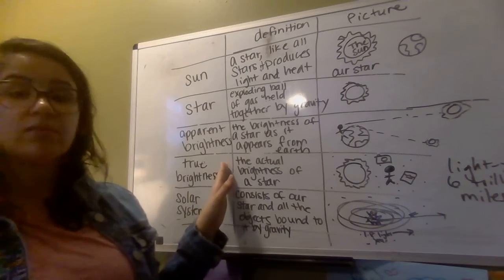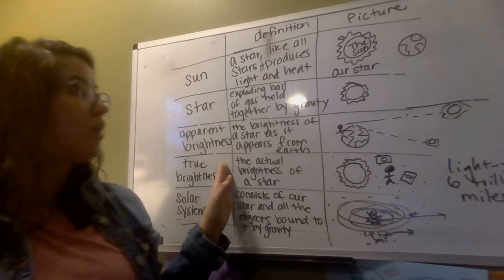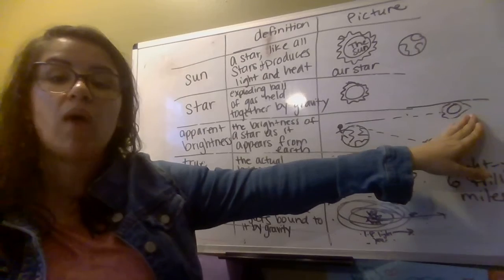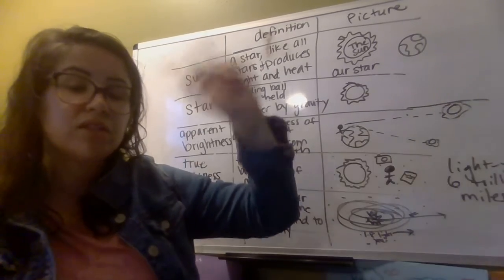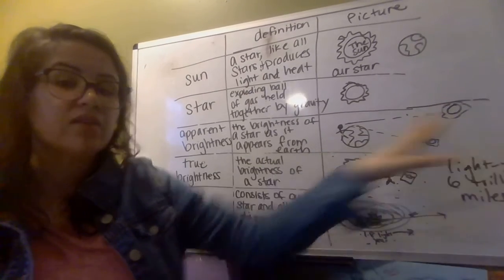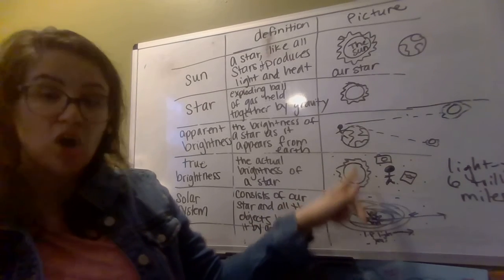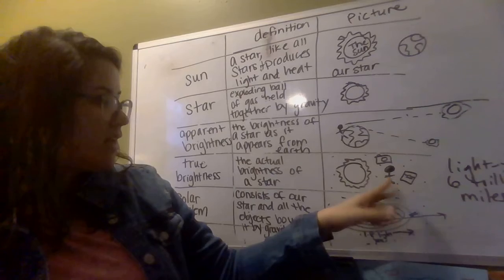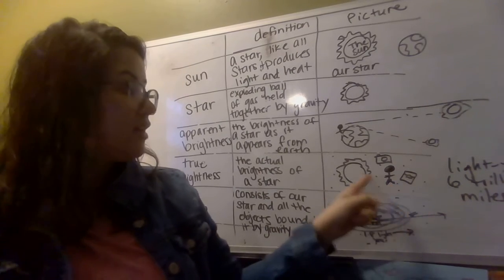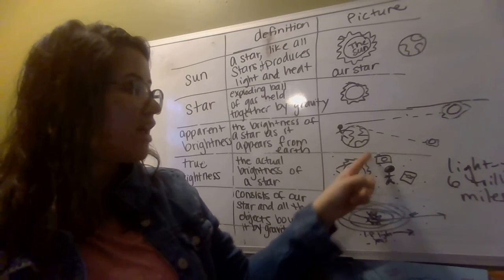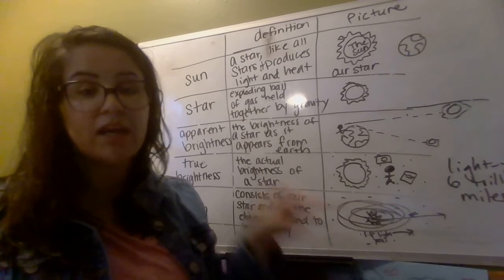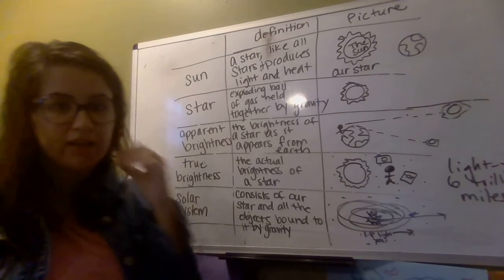So if that gives you some context, some background as to what you're observing at night and why, you might want to start thinking about that argument as to why there's a difference. So here in my picture, I drew my sun or my star, whichever one, and I drew my person out in space, because you'd have to get up close and personal, and then they've got some camera and their little notebook to take some data so they can do some measurements of its true brightness.